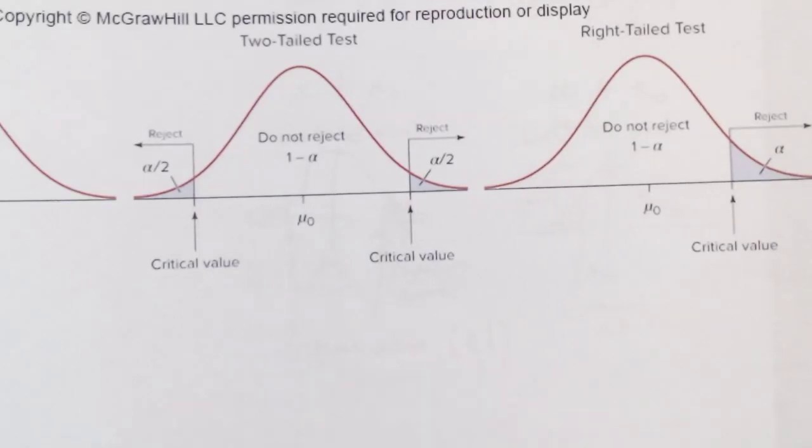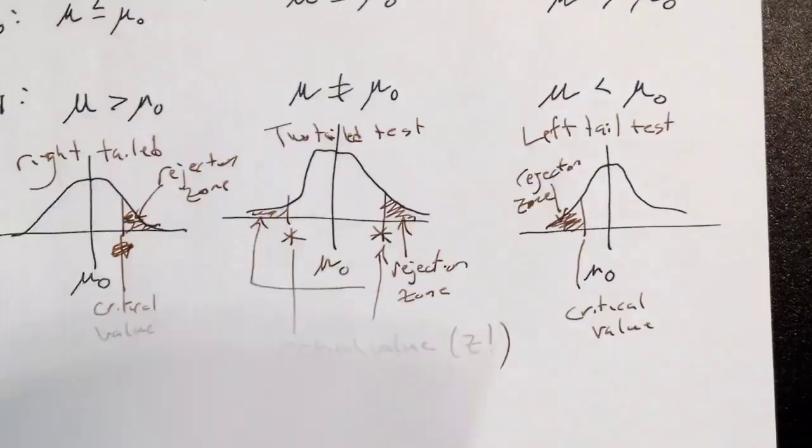I've got to figure out how to find these critical values. Questions?